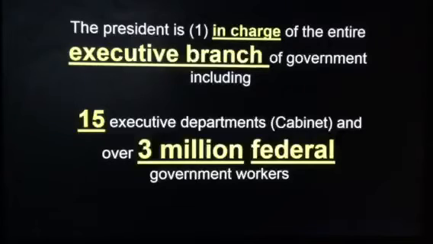The president is in charge of the entire executive branch of government, including the 15 executive departments. The heads of those departments make up the president's cabinet. There are 3 million federal government workers working in the executive branch of government. We will have a separate lesson on that forthcoming.